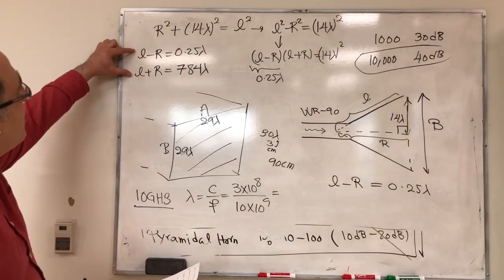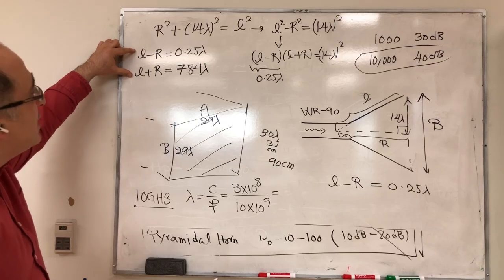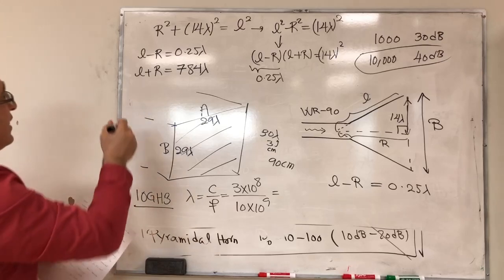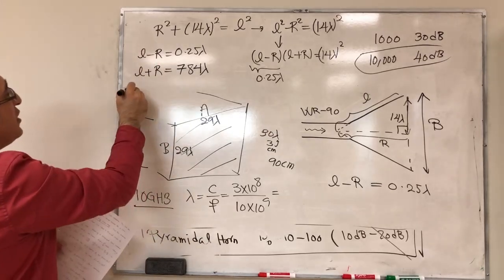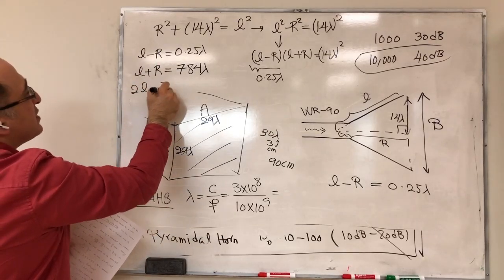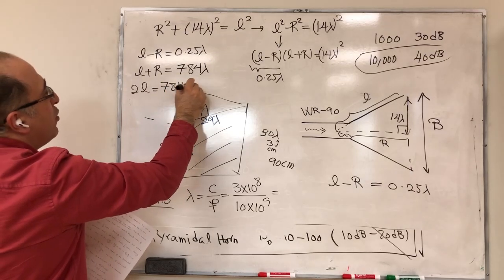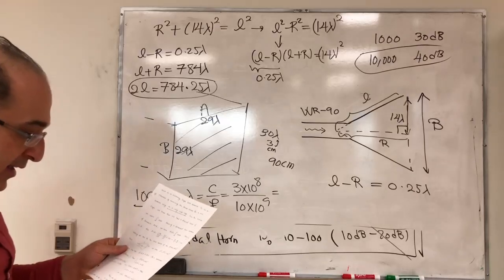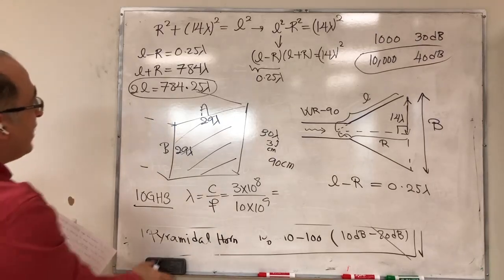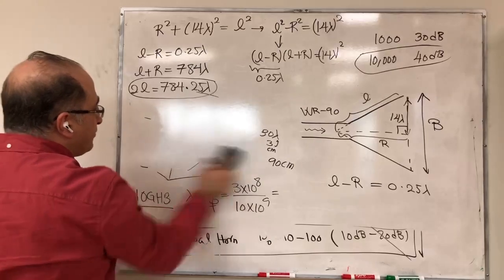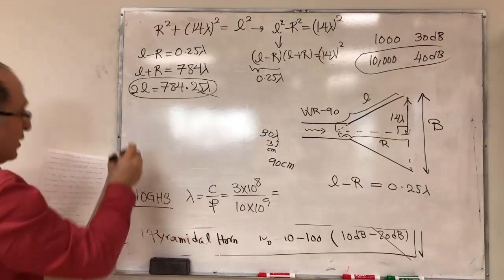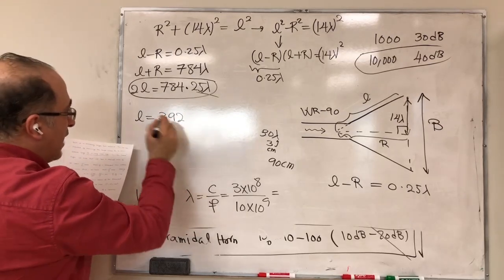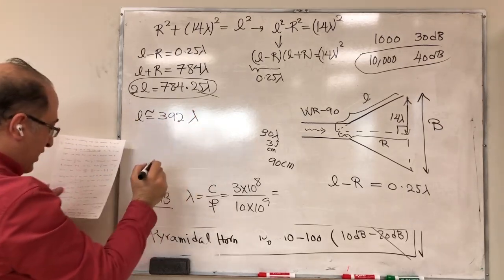So now you have two equations and two unknowns. Now you can find, for example, length L. If I add these two equations, 2L becomes 784.25 lambda. So this becomes my L, and I can calculate my L as approximately 392 lambda.